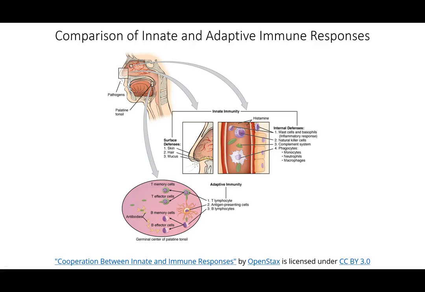The more cytotoxic T cells we get, the more effective our immune response is going to be. And so they can keep destroying infected cells before they can actually have that pathogen reproduce and get out of that initial cell and into the rest of the body to infect other cells. So these are really, really important.